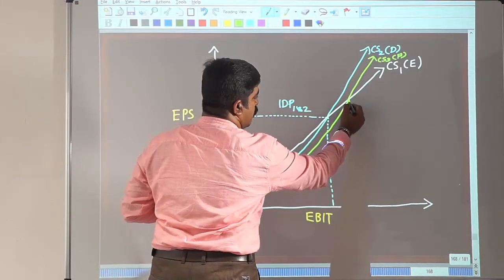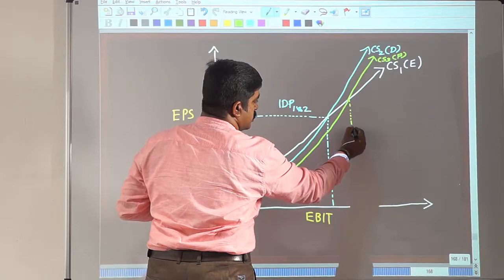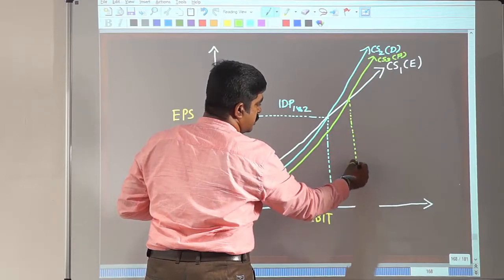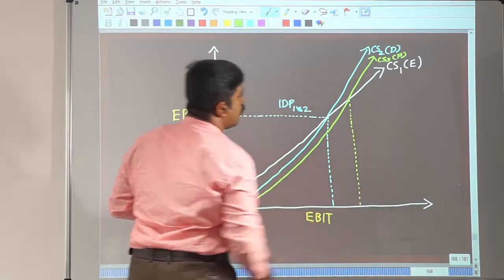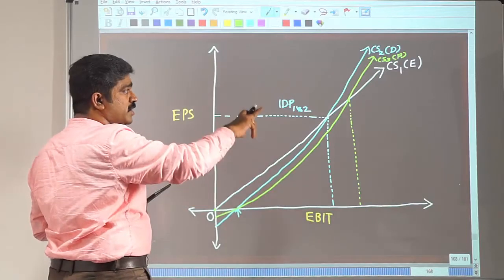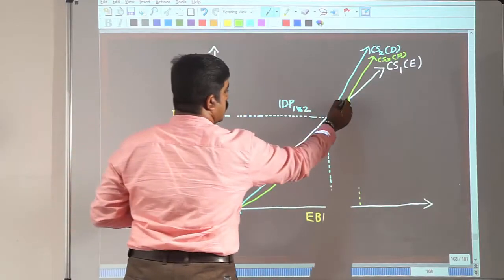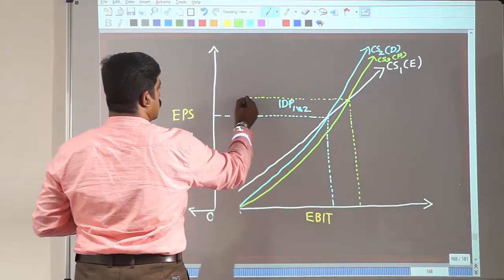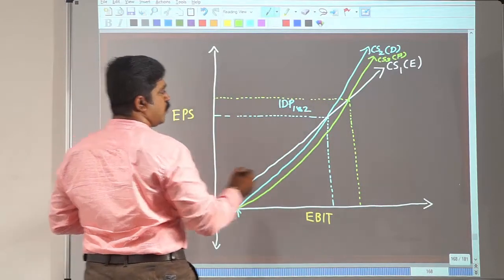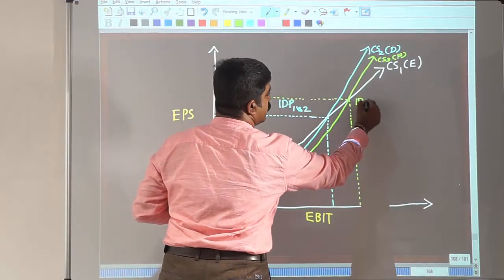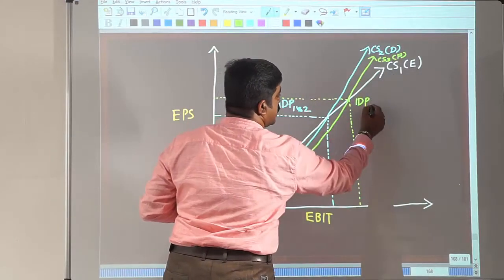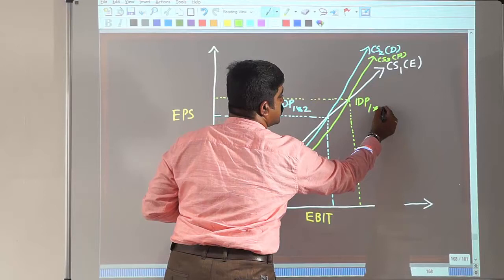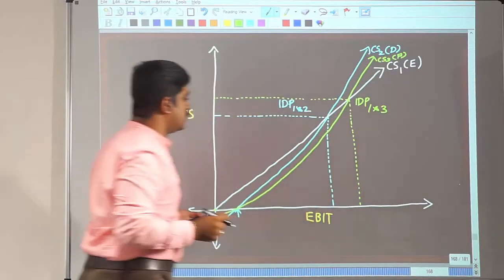This is the point of intersection between preference share capital and equity. This is basically the indifference point between equity and preference, that is 1 and 3.